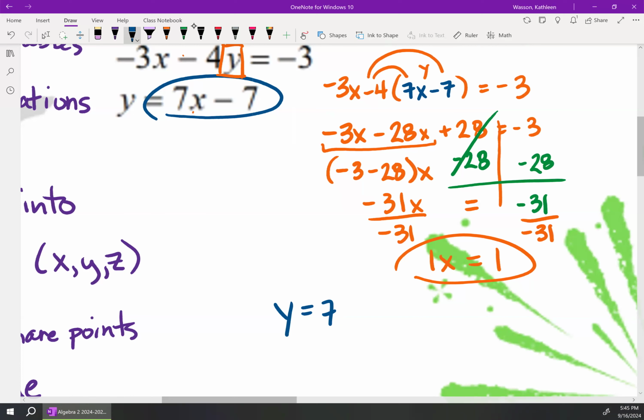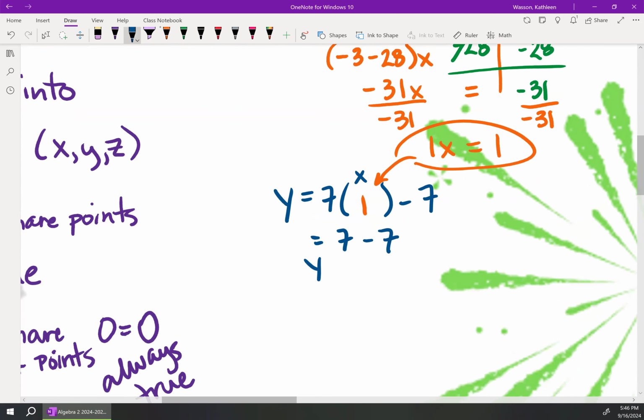So my second equation changes to y equals 7, and I will substitute for x. Instead of x, I will write 1 because that's x's value. And I find that y is equal to 7 minus 7. So y is equal to 0.